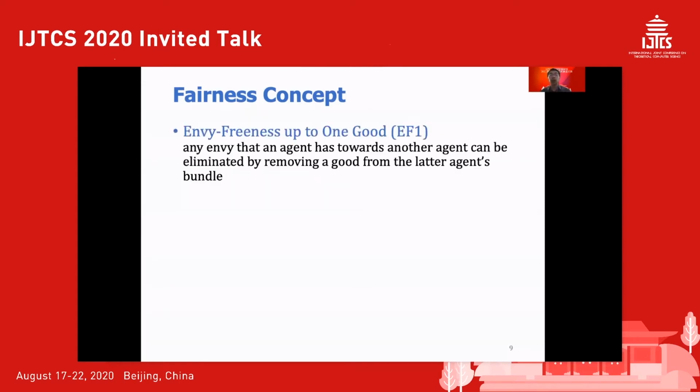The notion we will use here, which is also very well studied in the indivisible setting, is called envy-freeness up to one good, or EF1 for short. The meaning is that an allocation satisfies EF1 if any envy that an agent has towards another agent, if it exists, can be eliminated by removing some good from the latter agent's bundle.